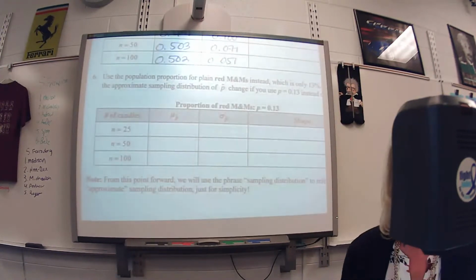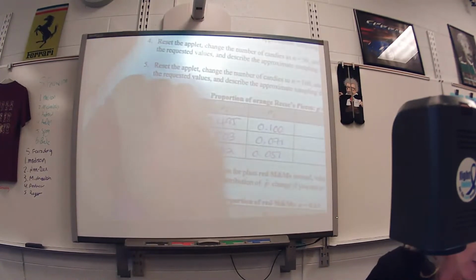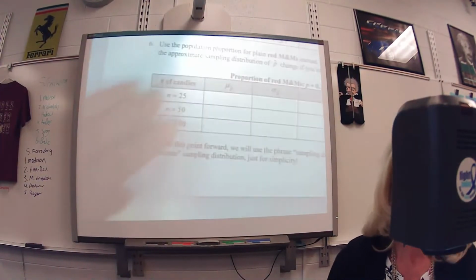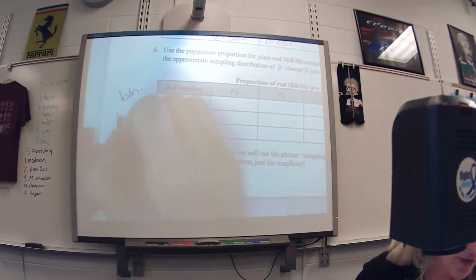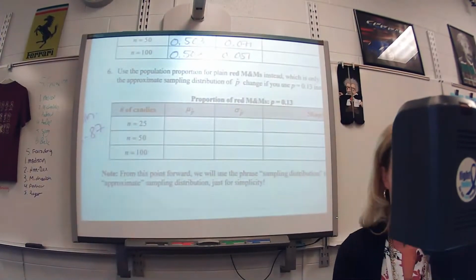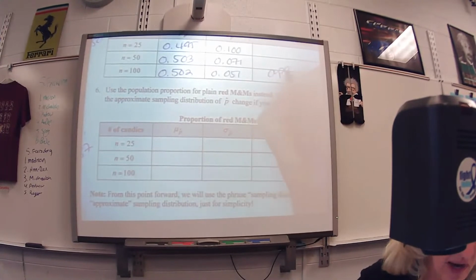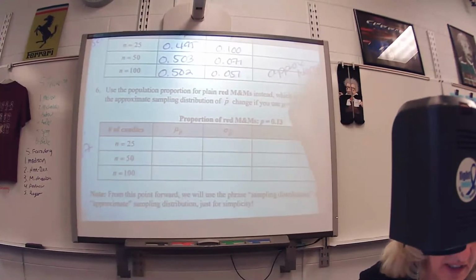So that is in a binomial 50-50 setting. This is a binomial 13-87 setting. In this case, these were all approximately normal, very clearly.